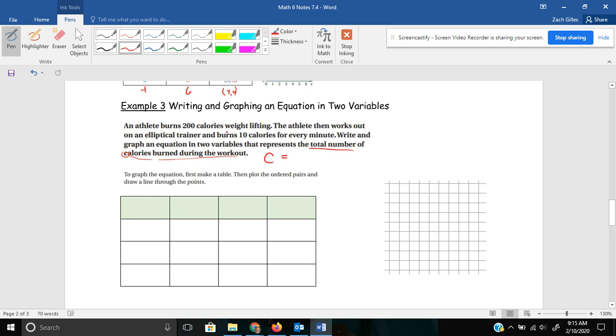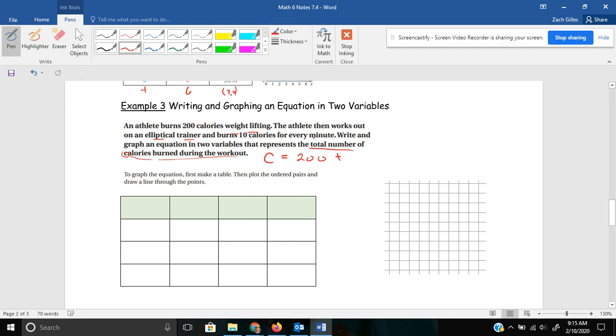I did some weightlifting, and then I did an elliptical trainer. And during my weightlifting, I burned 200 calories. That was just standard. And so I'm going to add, I also burned calories doing an elliptical trainer. And I burned 10 calories for every minute.